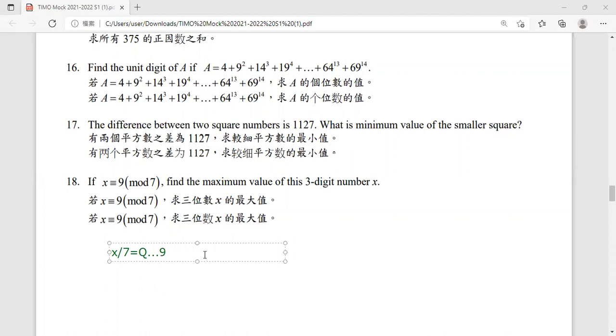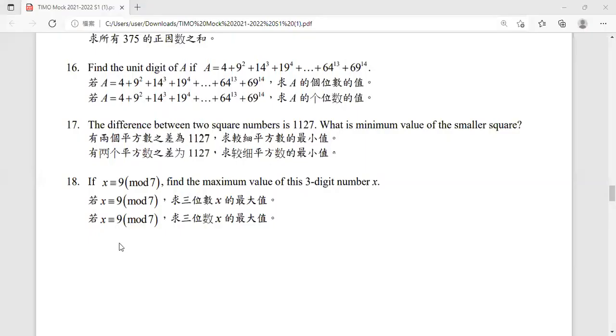So actually you can do x equals 7 times q plus 1 and remainder 2, so 8. Oh, sorry, wait. I'll show you again. So I can do something like this. It's actually equal to 2 mod 7.